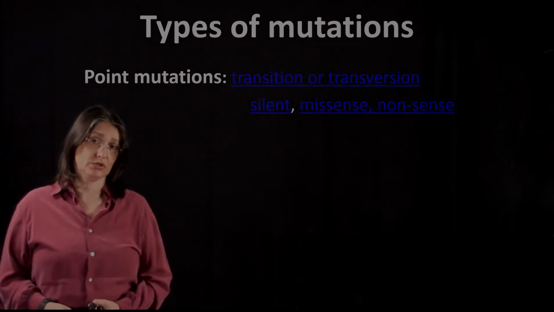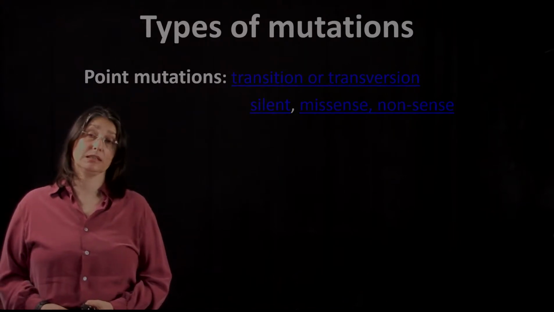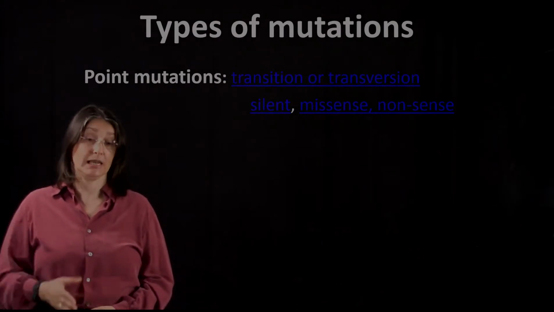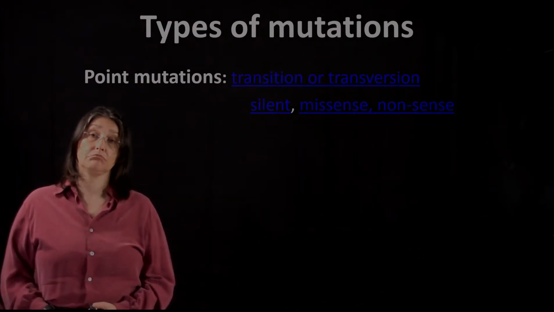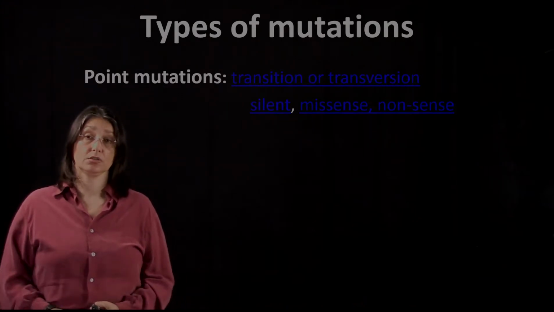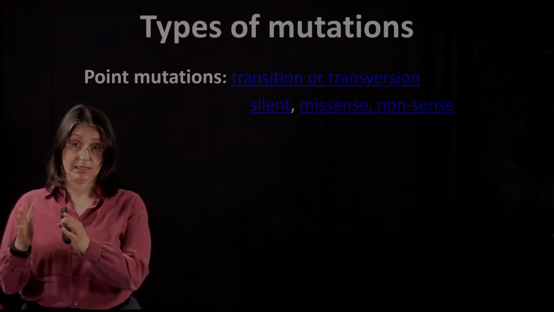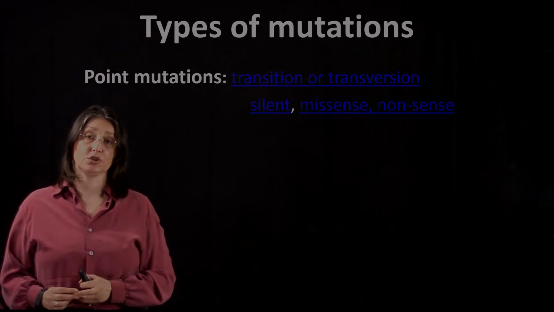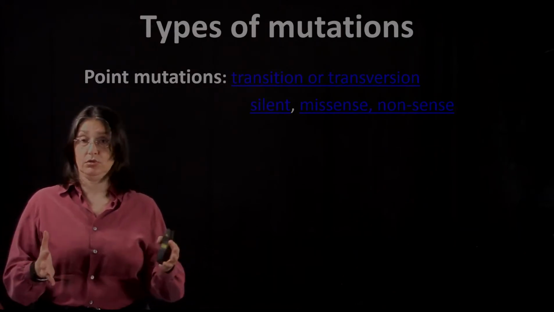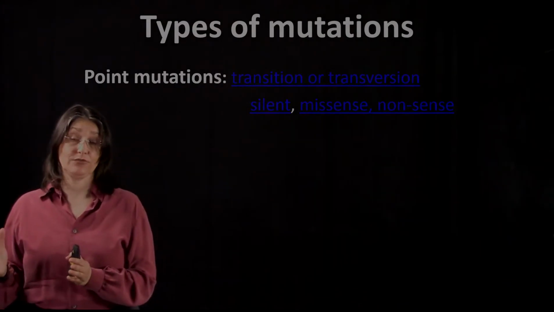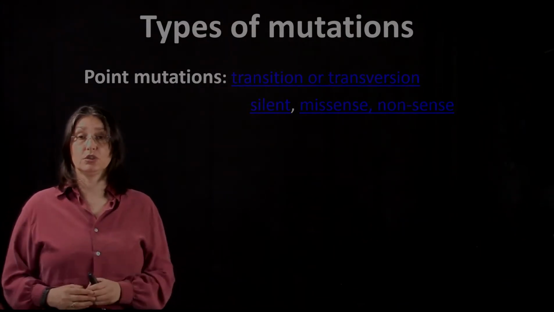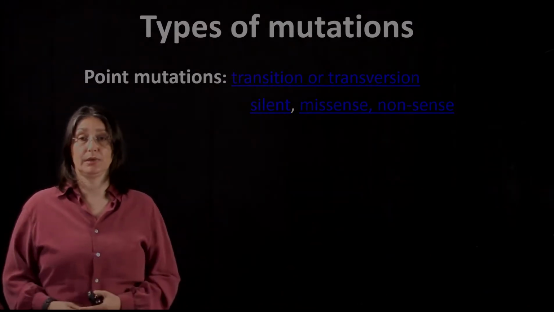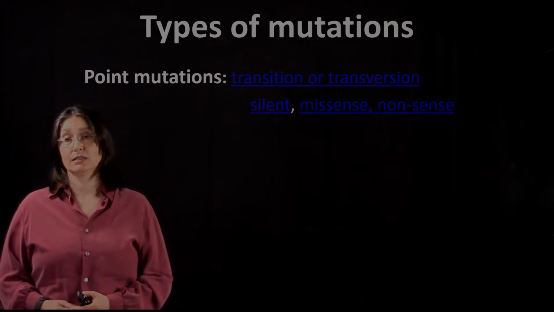So a silent mutation, as you very well speculated, would leave the amino acid sequence, or the primary structure, of the protein that the mutated gene codes for unchanged. Even though the nucleotide changed, due to the degeneracy of the genetic code, because we know there are only about 20 amino acids, but there are 64 codons coding for these 20 amino acids, there are more codons coding for each individual amino acid.